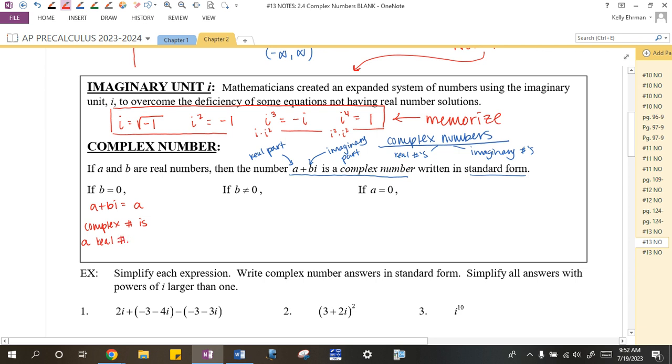So complex number is the big umbrella. If b equals 0, then you're falling into the real number category. If b is not equal to 0, then your complex number, a plus bi, still has the i term in it, so it is considered an imaginary number.